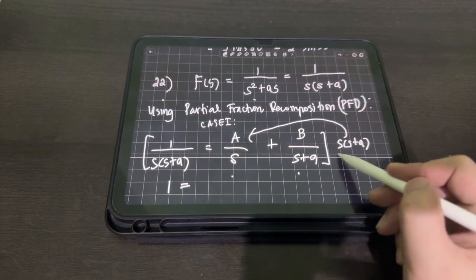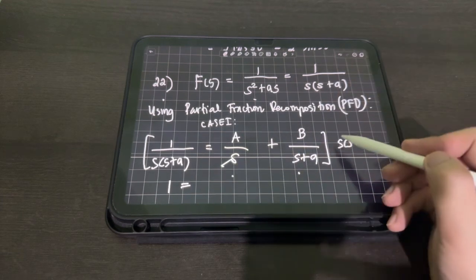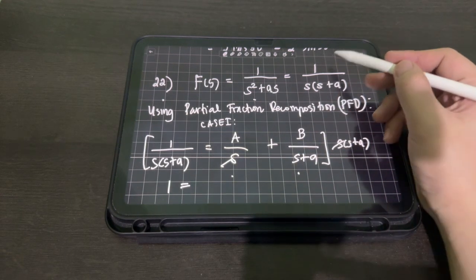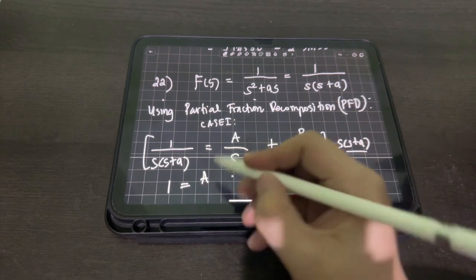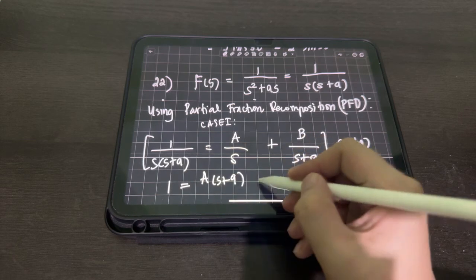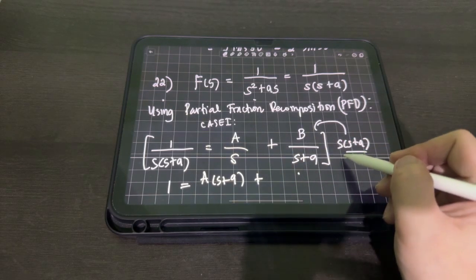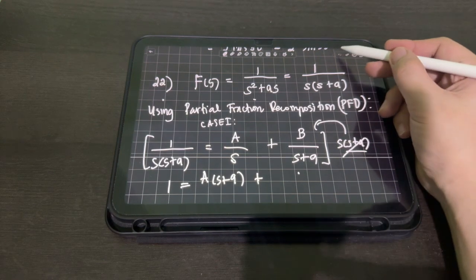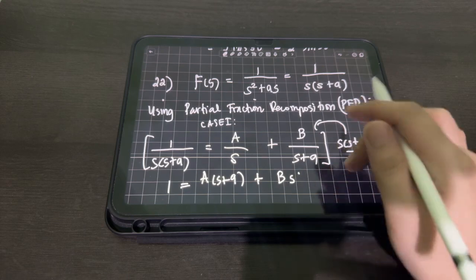When you multiply the LCD by A over s, you can cancel out this s. Then we are left with A times s plus a, plus, how about B over s plus a? If you multiply by the LCD, you can cancel out the s plus a. We are left with B times s.